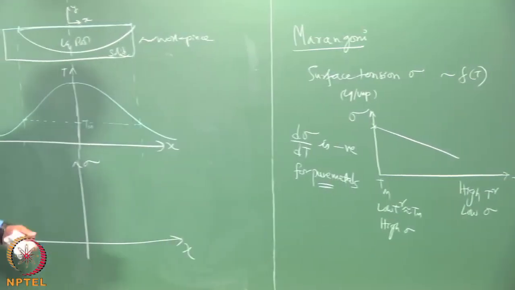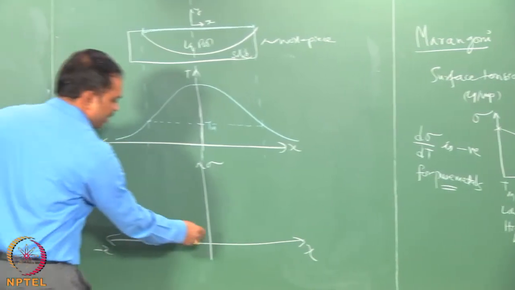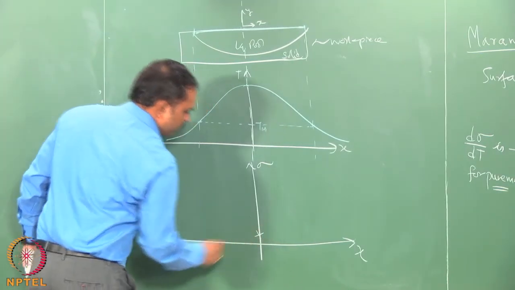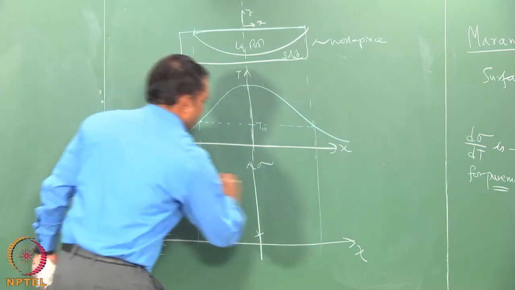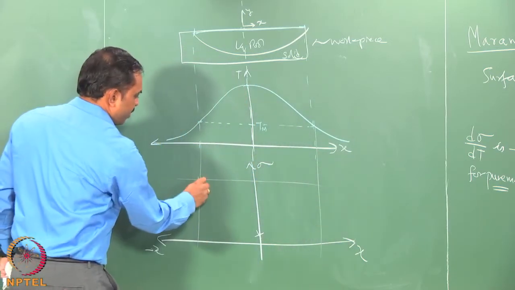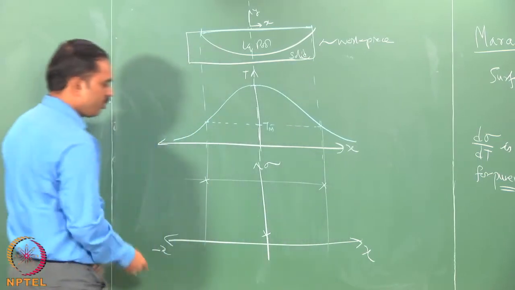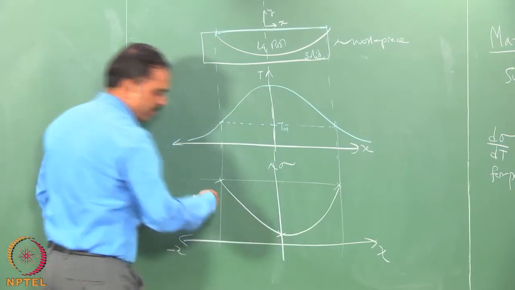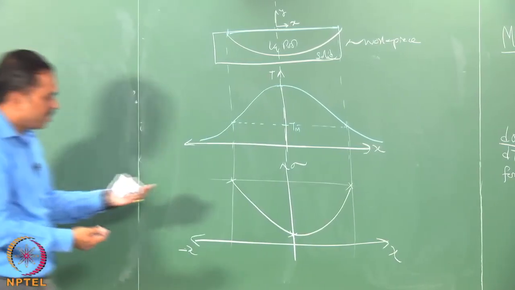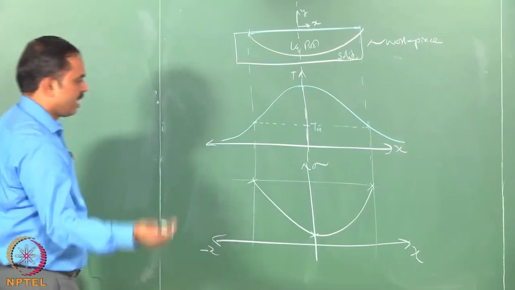So, from that what we can do is that at high temperatures you have a small value, and at low temperatures you have a large value. So, which means that surface tension is going to look something like that. So, it goes from a small value to high values away from here.